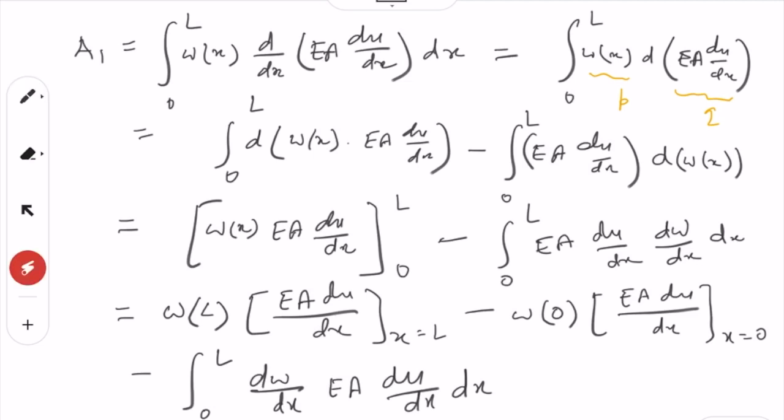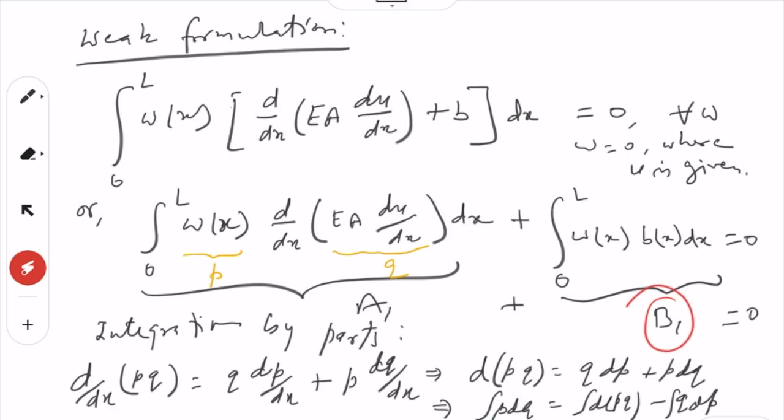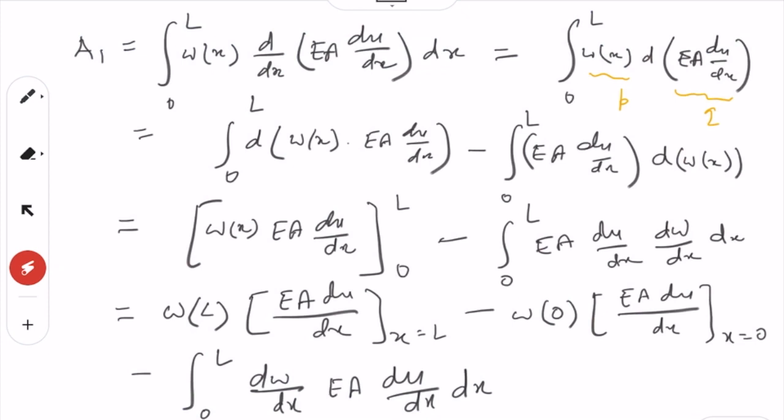Okay, so we have our A1 like this, we have the B1 which is like this, so we add them together and that should be equal to 0.